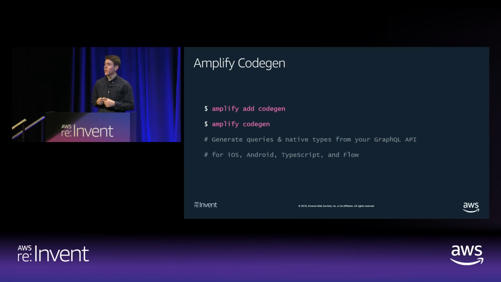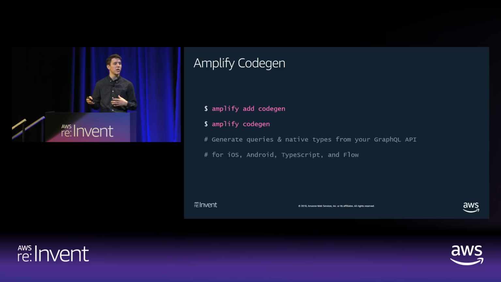Another cool part of the Amplify offering is Amplify Code Gen. So this is really important for applications that are using strongly typed languages like Swift for iOS and Java for Android, and even for TypeScript and for Flow if you're trying to put typing on top of your JavaScript. And how this works is once you've defined your application's schema, either using the GraphQL transform or other means, you can just add code gen to your project.